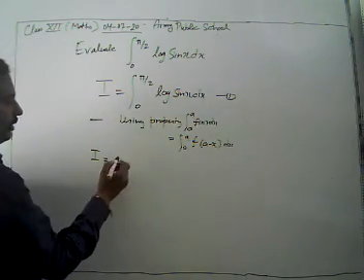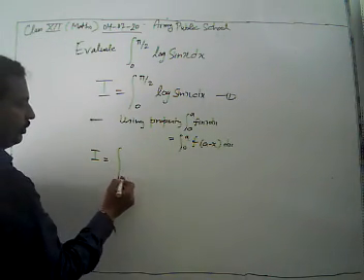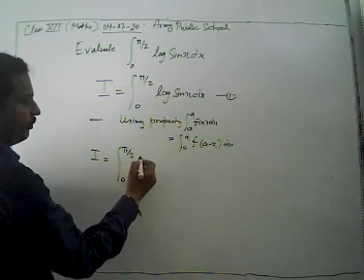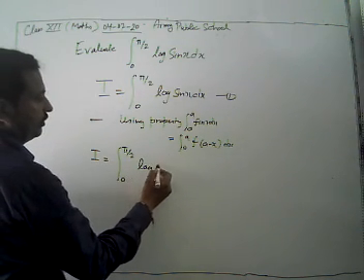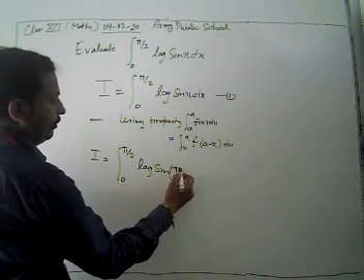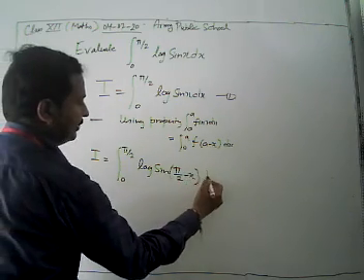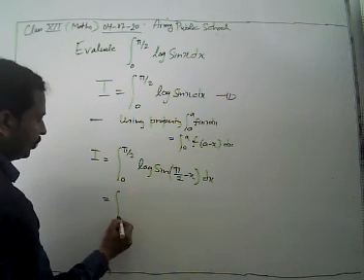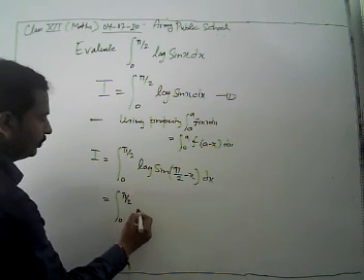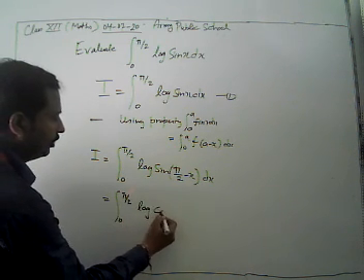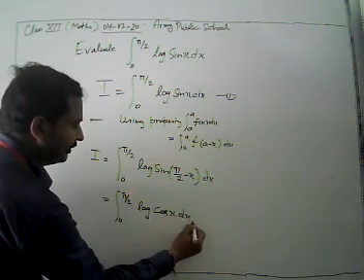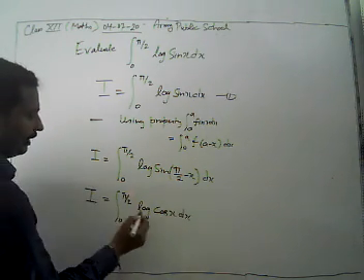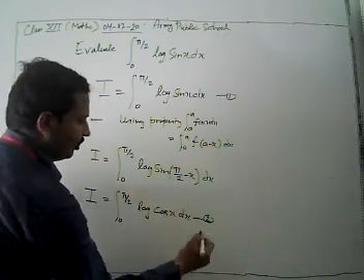After applying this, it is the integral from 0 to pi by 2 of log sin(pi by 2 minus x) dx. Now let's convert it to the integral from 0 to pi by 2 of log cos x dx. So again, I is equal to the integral from 0 to pi by 2 of log cos x dx.